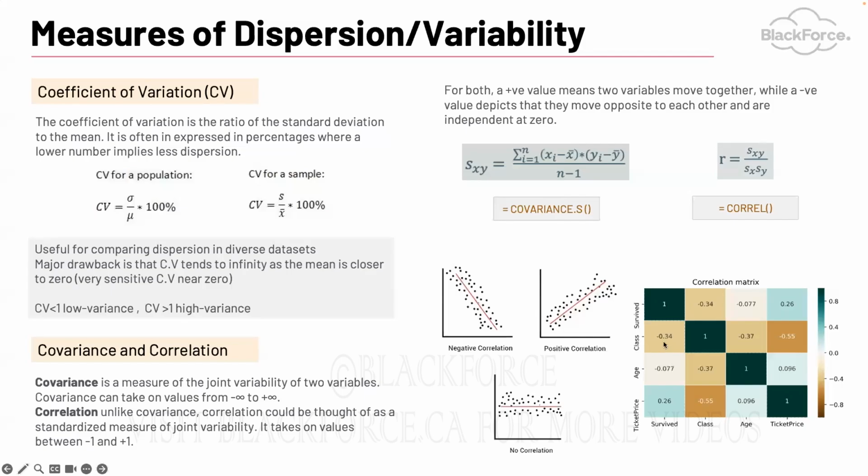I think this data is from the Titanic data set, so it's looking at age, ticket price, and class versus survival on the Titanic. Here we can say the higher your class, the lower your chances of survival. Negative correlation. So that's how to think about correlation, and I hope this makes sense.